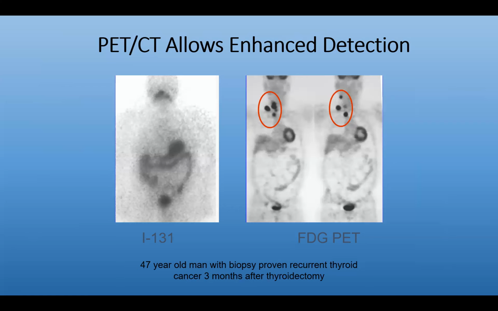Their crystal thickness is probably a bit thin for the high energy of I-131. So those various factors may contribute to the fact that we don't see this uptake on the I-131, and yet it is very clearly intense on the FDG PET.